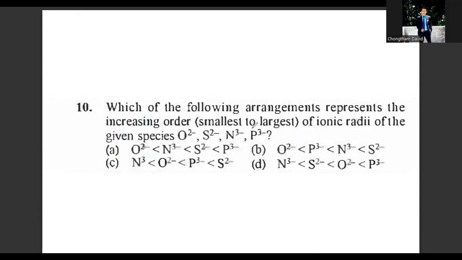For isoelectronic species, the ionic radii will decrease as the charge on the ion increases, as determined from Fajan's rule. And further, moving down the group, ionic radii increase. So hence the order would be O2 minus, followed by N3 minus, then S2 minus, and P3 minus. So option A would be the answer for question number 10.